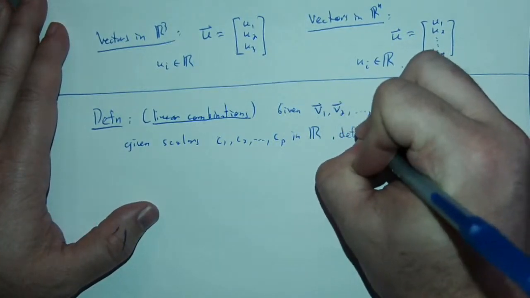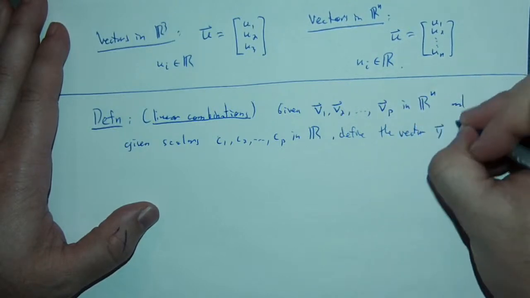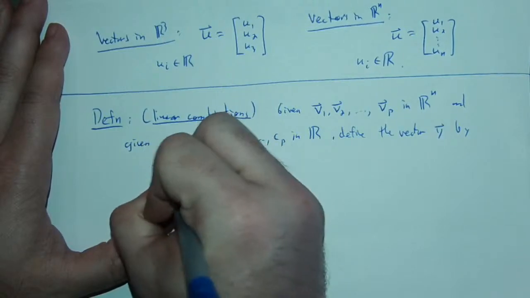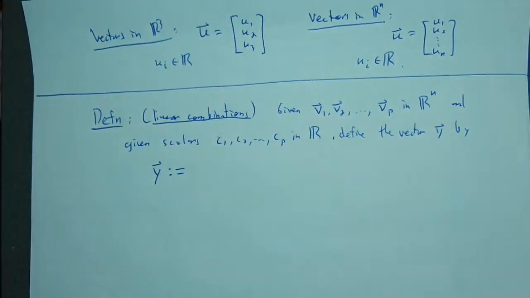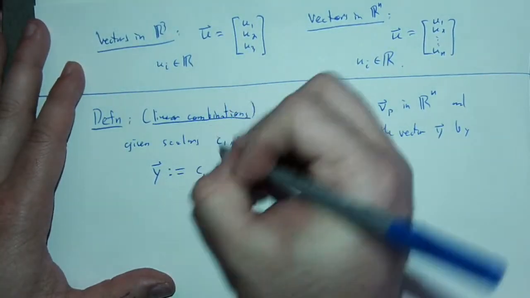define the vector y by y colon equals. When I write the colon equals sign, that means what follows is the definition of this quantity. This is not something standard. You're not going to use y here. I'm just doing it in this definition.